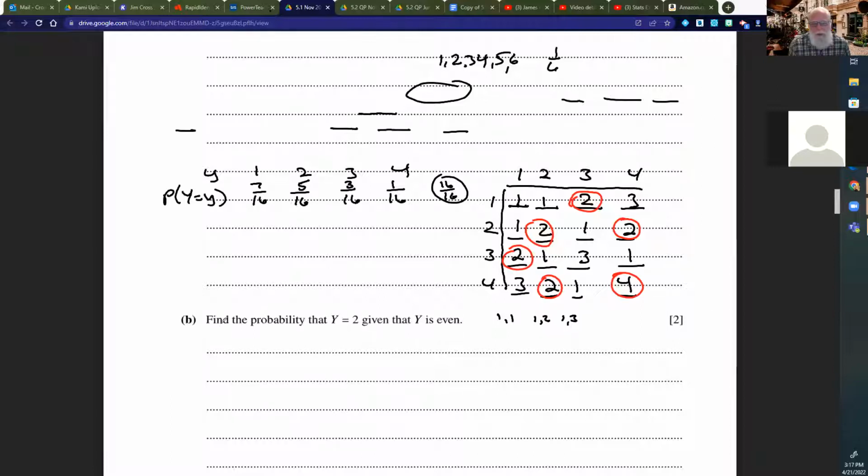What's happening is they want me to find the probability that y is equal to 2, but they're telling me, listen, it's a fact that y has got to be even. So that means I'm not even going to look at non-even numbers. So how many 2s are there out of these numbers? 5. And then how many even numbers are there? 6.